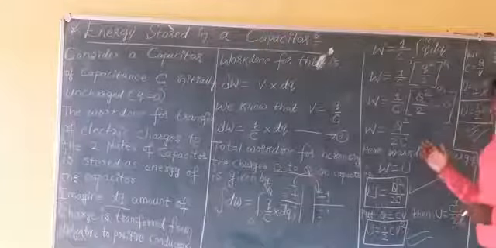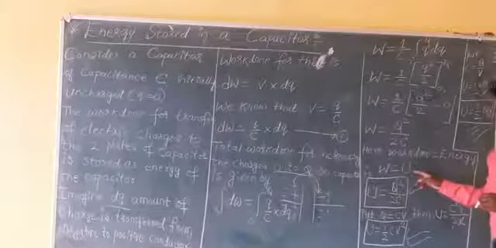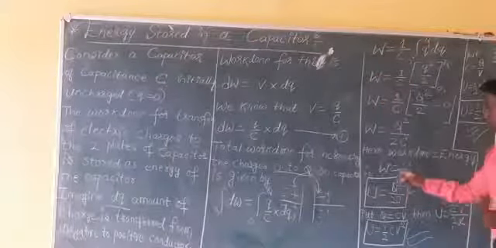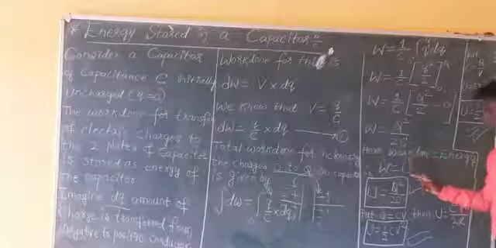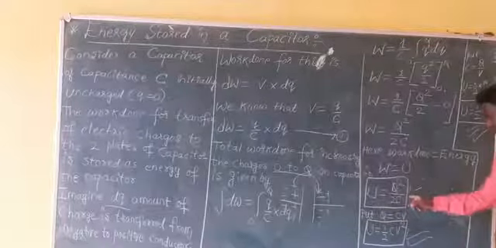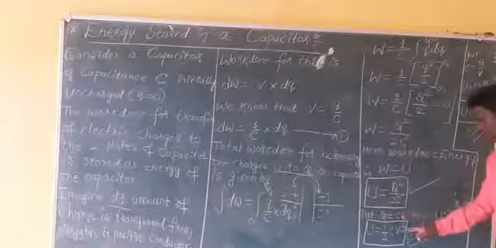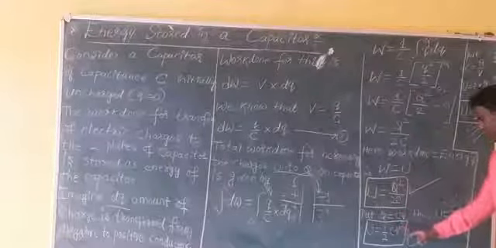Here the work done is stored as energy of the capacitor. That energy is U, W equals U, so U equals Q square by 2C. Substitute Q equals CV first: U equals 1 by 2 CV square.